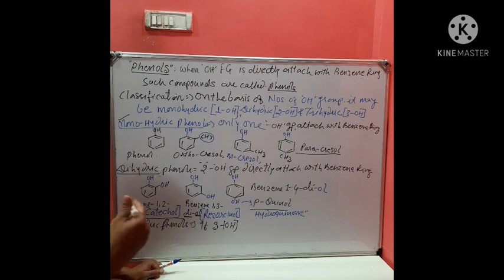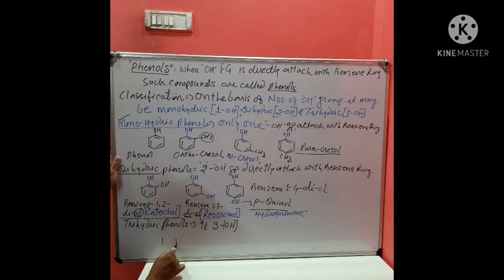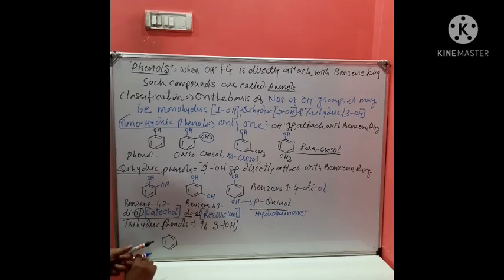Okay. And therefore, their property will also getting changed. Like here, you can see first compound. Okay. Here, the position is OH. Position is one more OH, and position of OH is in third. So first, second, third. So that become what?